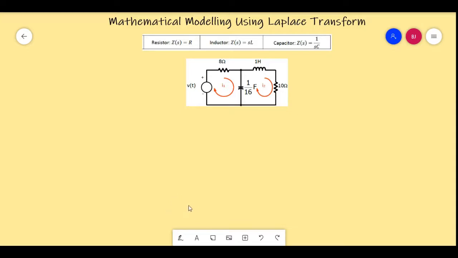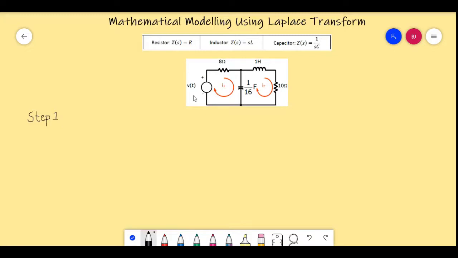So let us write here that this would be our step 1: to convert the appropriate components into their frequency domain using Laplace transform.